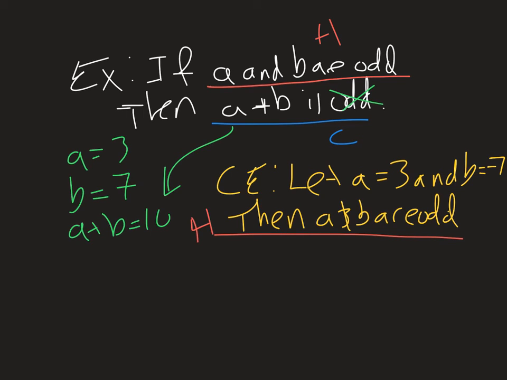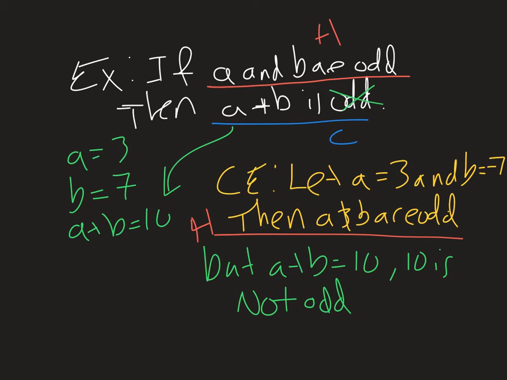I'm showing, okay, I have 2 odd numbers. And then I can say, but A plus B is 10, and 10 is not odd, which means I don't get my conclusion.